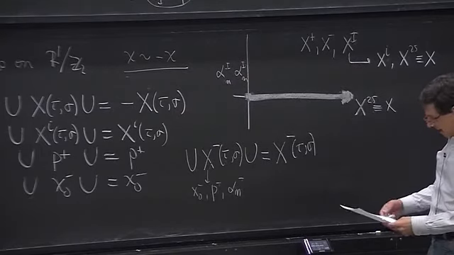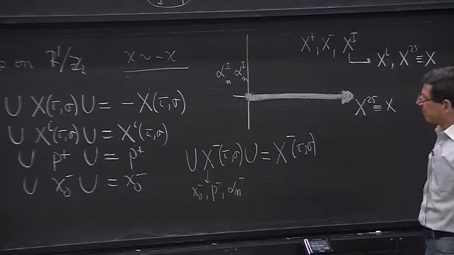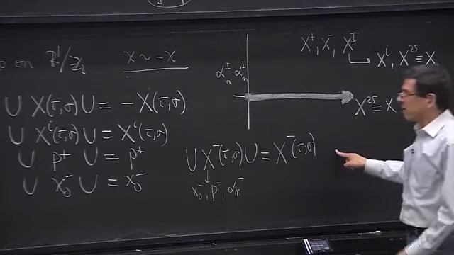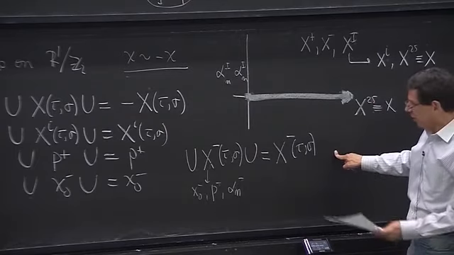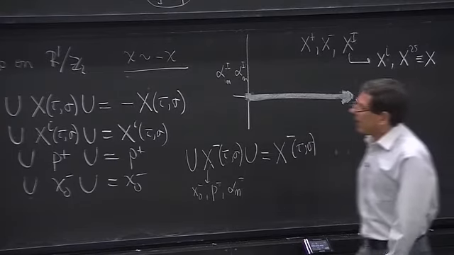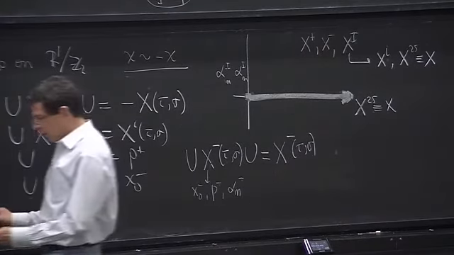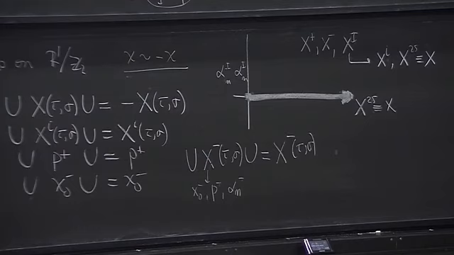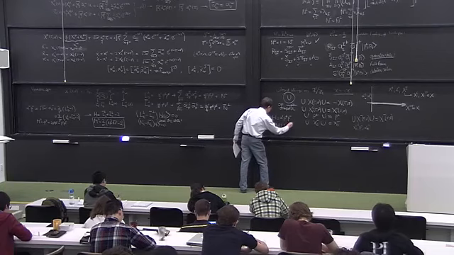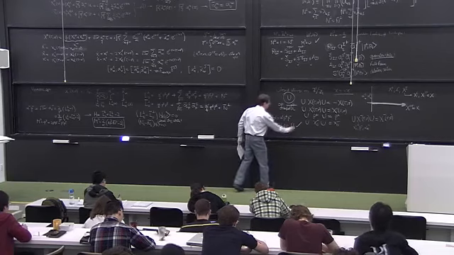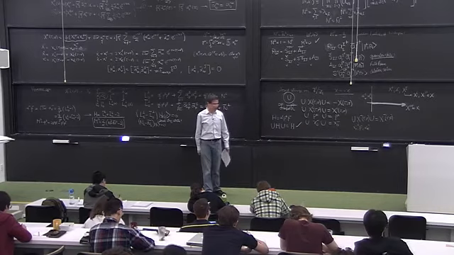So x minus is an invariance. It's invariant under the orbifold identification. And therefore, under the orbifold identification, you also have that H, equal to alpha prime p plus p minus, is invariant. U H U is equal to H.